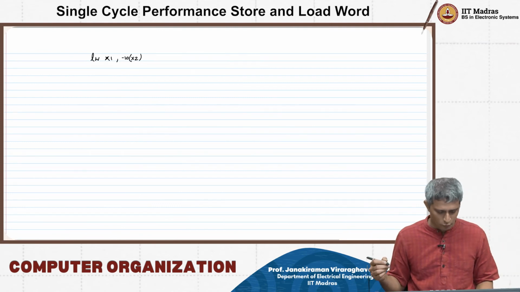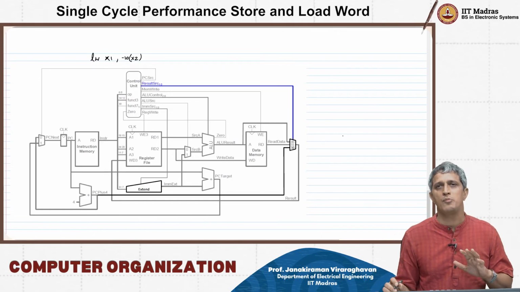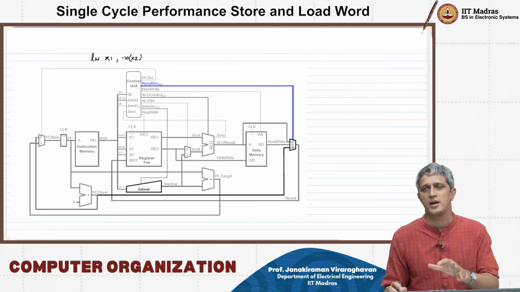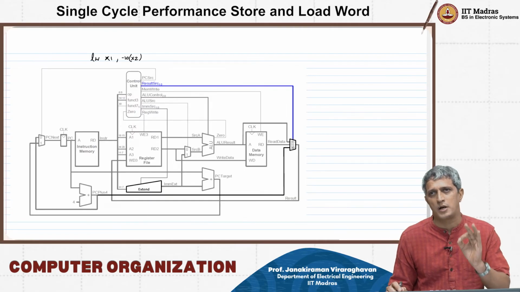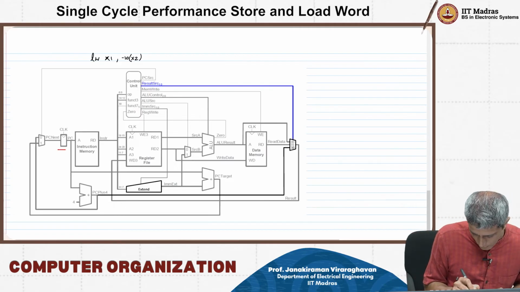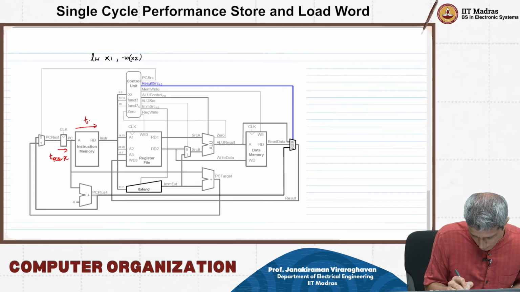So if you look at this critical path, ultimately the minimum clock period will be determined by this particular operation, load word. Here again you will start off with T PCQ, then you go through one T mem.